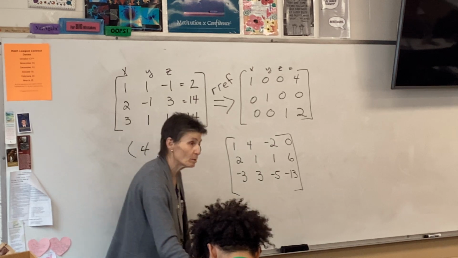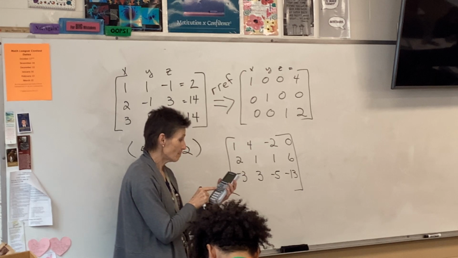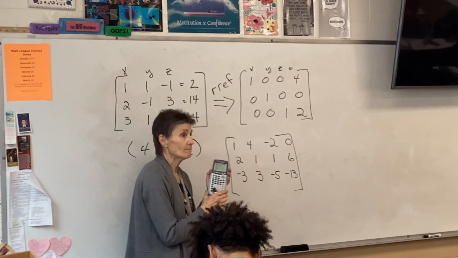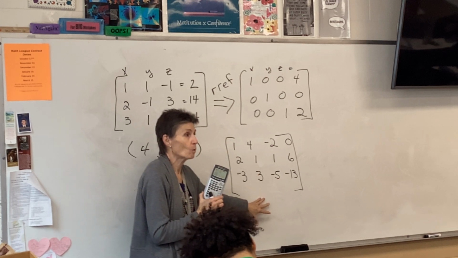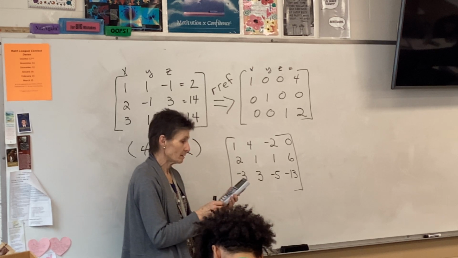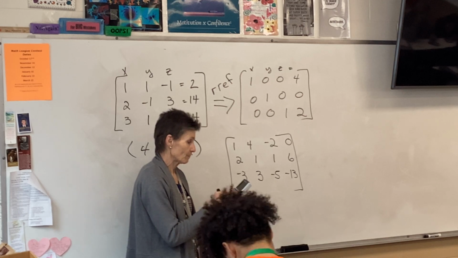Okay, now we're gonna put that in. So we're gonna hit second matrix. We're gonna go over to edit. How big is this one? Same size as before, right? So it's 3 by 4. So you can either retype it or just click over.